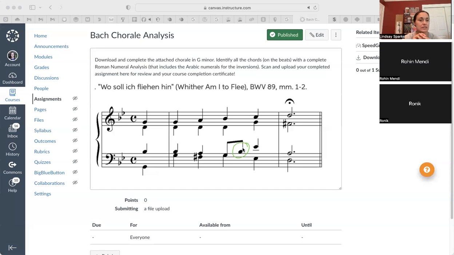And like I said, there's only 6 chords, and just type them in, send it off, and then I can send you your course completion certificate so that you have that. Any questions about this? No, we're good. Okay. I think we're good.